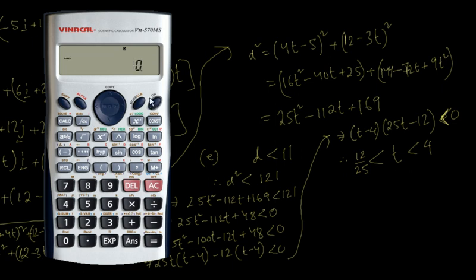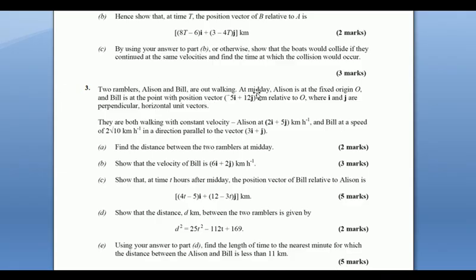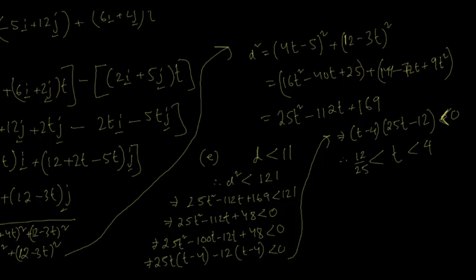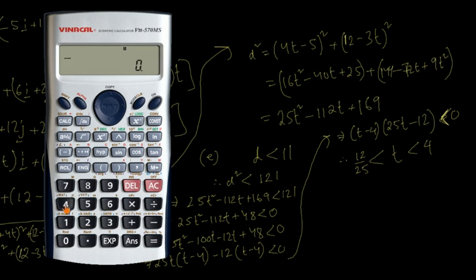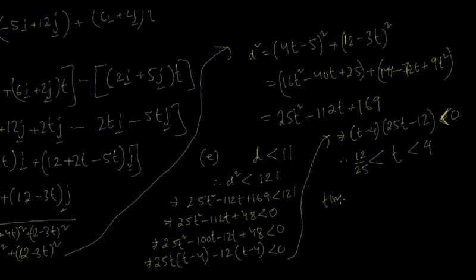So everything is in hour. The time is in hour. T hours, it's in hour. So 4 hour minus 12 by 25 is 88 by 25 hour. So time equals 88 by 25 hour.